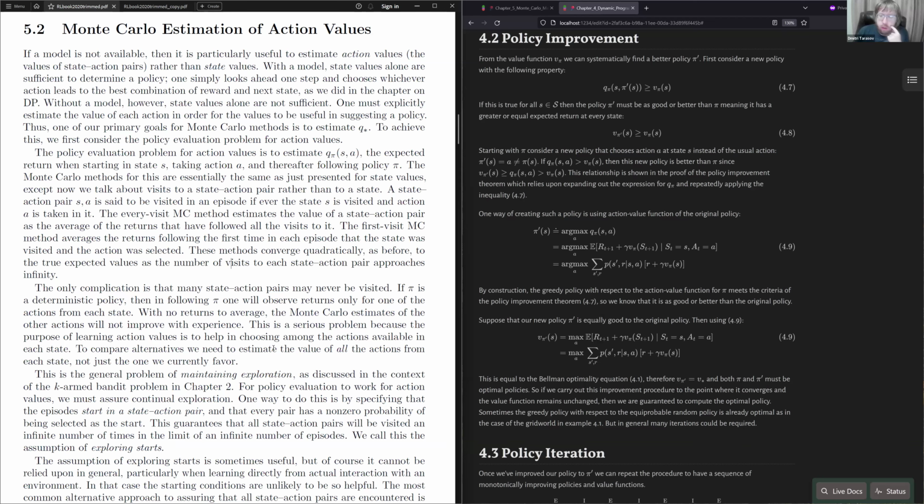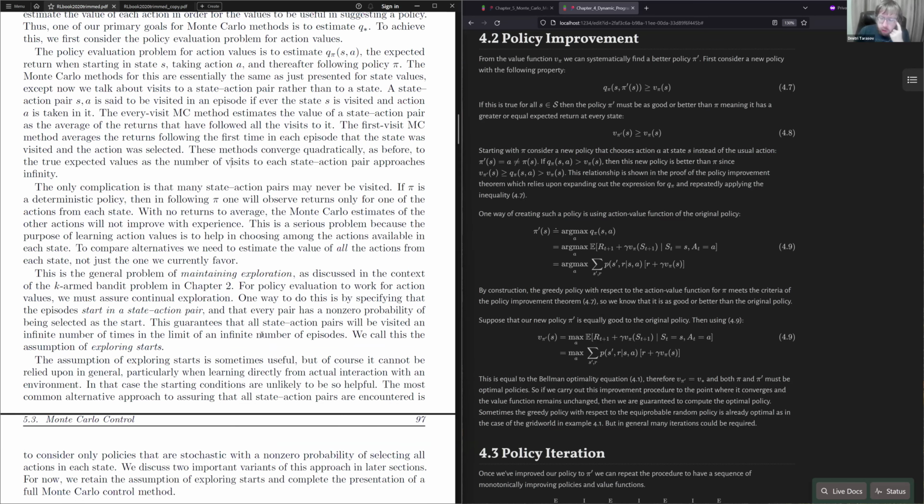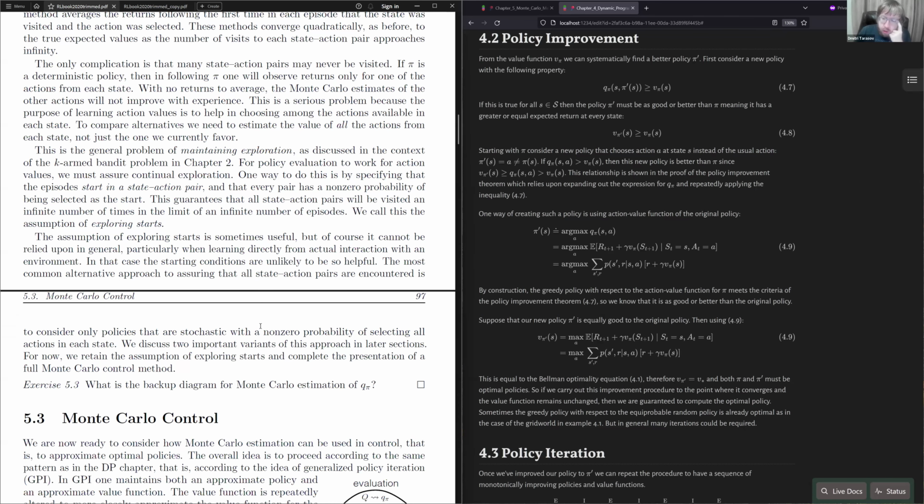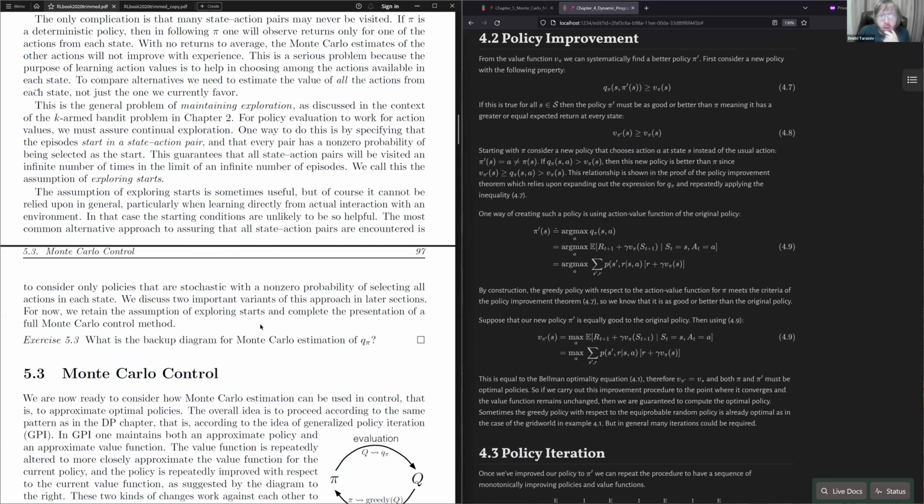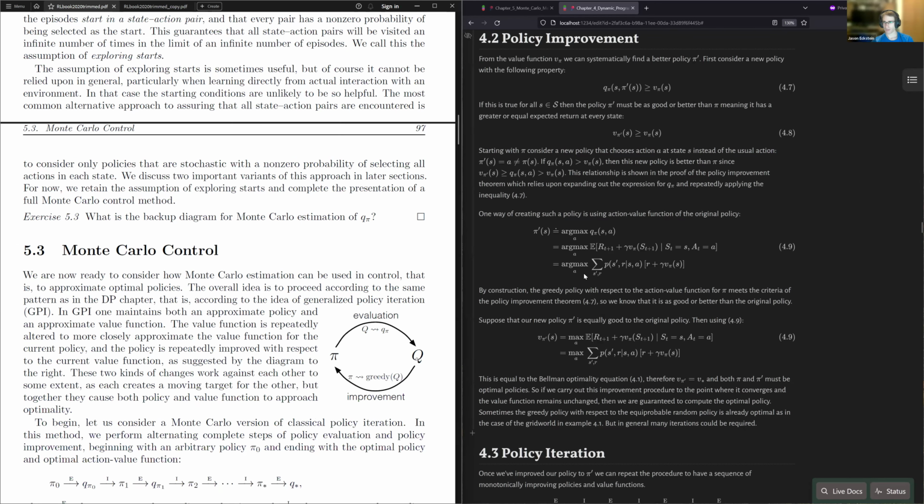Well, I think it makes sense that in order to approximate the action value function instead of the value function, given that we don't have the probability transitions. Yeah, or if we do have them, which in Blackjack you can theoretically do.